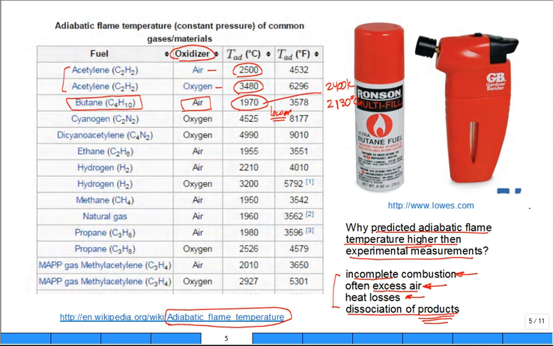So you guys just take a look through this table. You can see the regular pattern, that hydrogen with air versus oxygen, it's higher, it's lower. Down here is MAP gas, and you can purchase quite a few of these gases. Here's a little bottle of butane that you could purchase from one of the hardware stores.